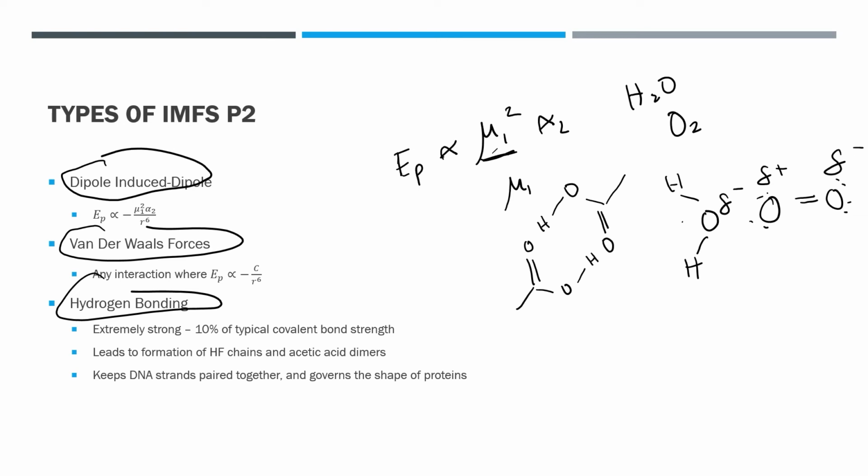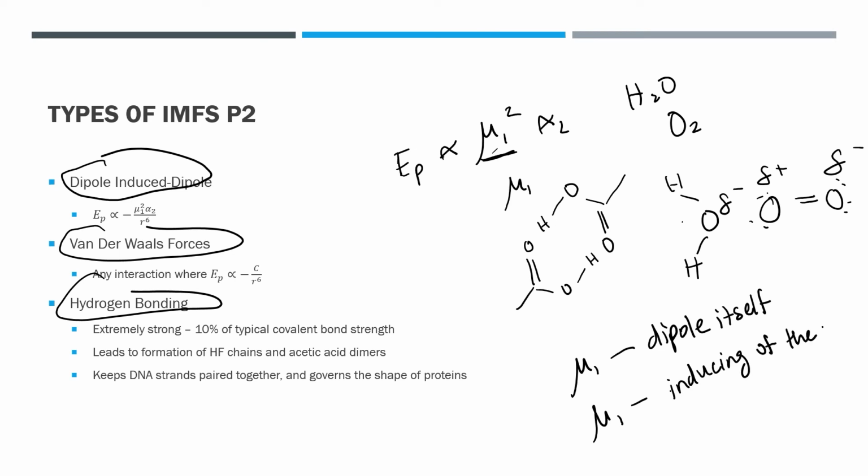So this is sort of a weird thing to think about. Our first mu1 is the dipole itself, the attractive forces coming from the dipole itself. The second mu1 is the attractive forces coming from the inducing of the dipole of the other substance, the other molecule.